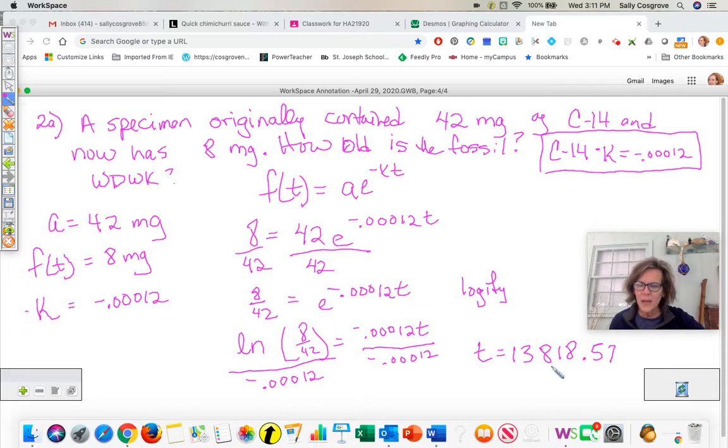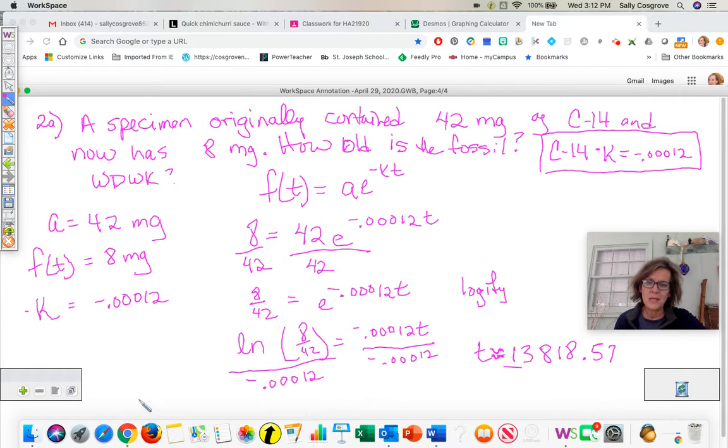All right, now let's go back and see if this even makes sense. And we rounded, so let's put in approximates. The question is, how old is the fossil? Does this make sense for the answer of the age of a fossil? I know this isn't a mammoth bone, but okay. Does it? Well, sure. Could you have a fossil that was 13,000 years old? Yeah, you could.